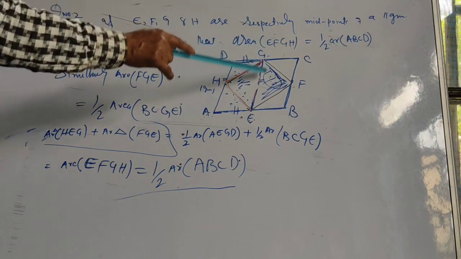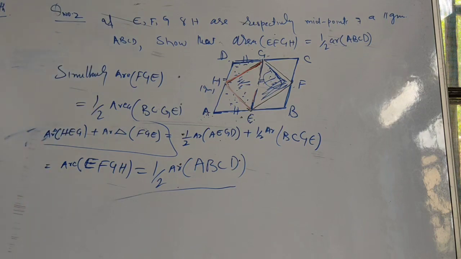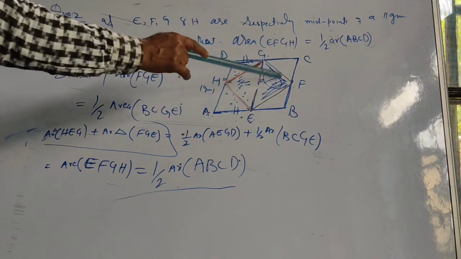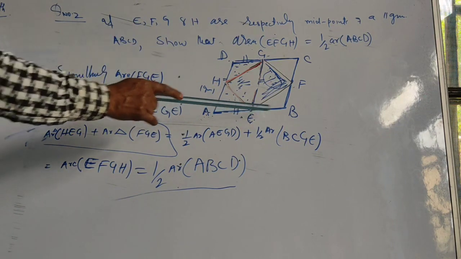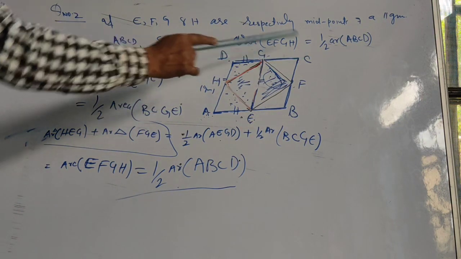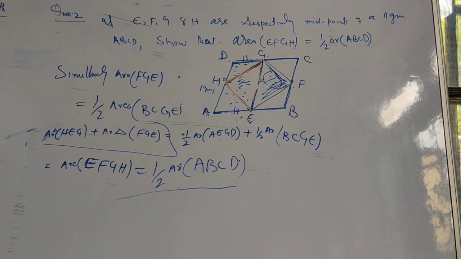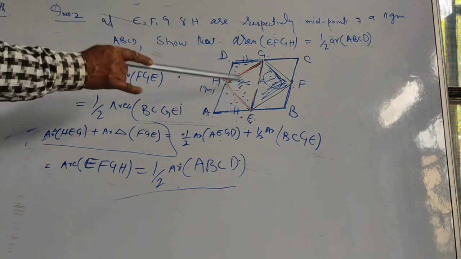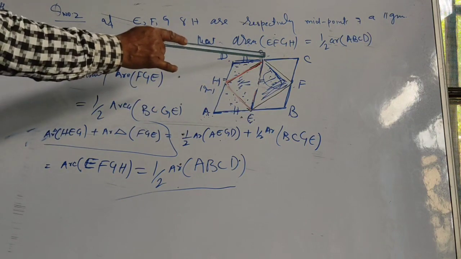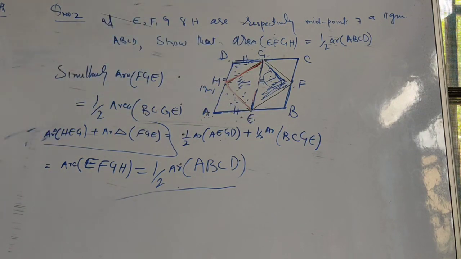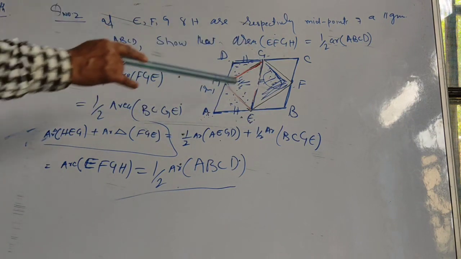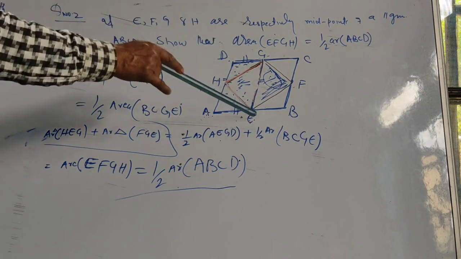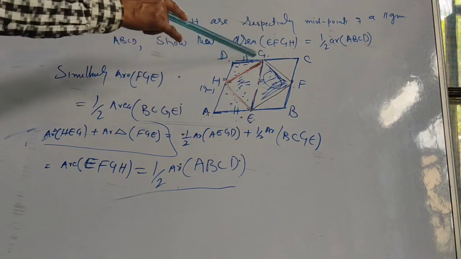We have joined G and E. By joining G and E, we divided this parallelogram into two parallelograms, that is AEGD and BCGE. Triangle EHG and parallelogram AEGD are on the same base GE and between the same parallels.